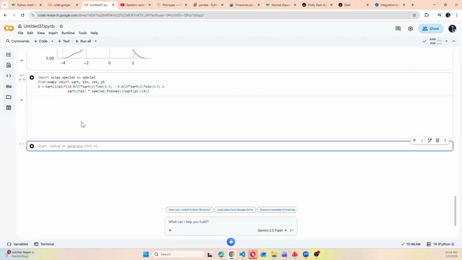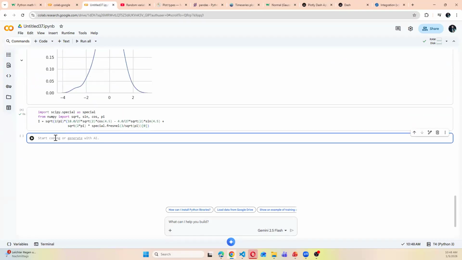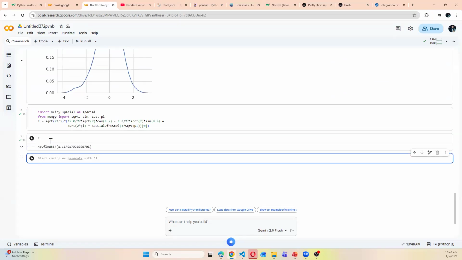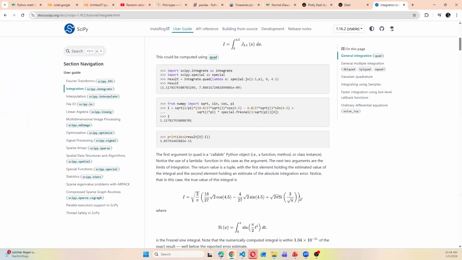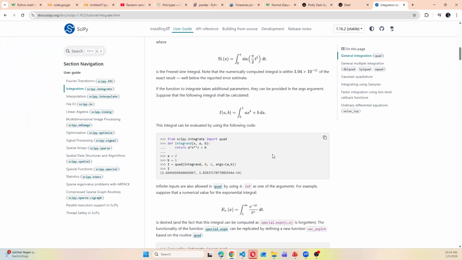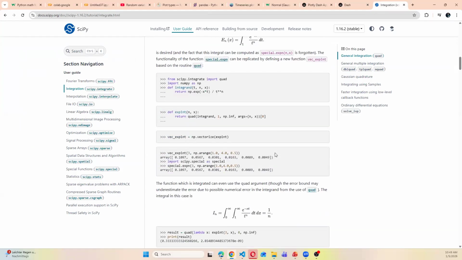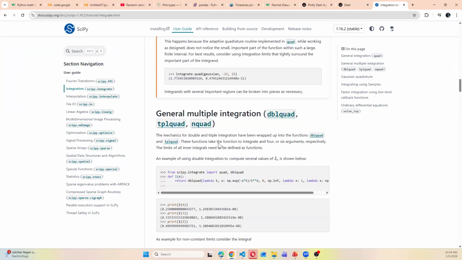If I run this, now I can see I. This is the equation for I. They have written I equals the square root of 2 divided by pi. This function is here. You can see SP is special. So you can write a lot of things, and you can do all of them in Python with this library.